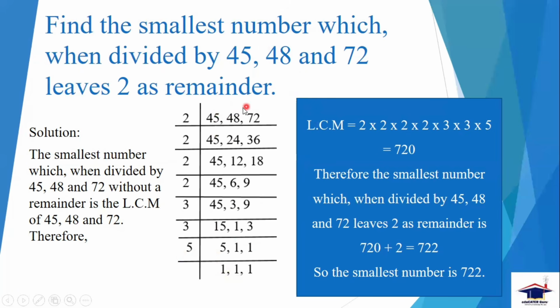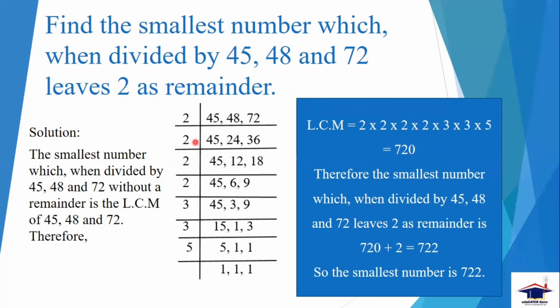Then the LCM is 2 into 2 into 2 into 2, 3 into 3 into 5. So the number is 720. 720 is the smallest number which when divided by 45, 48 and 72 leaves no remainder. But they've asked when it leaves 2 as remainder. So here you have to be very careful.